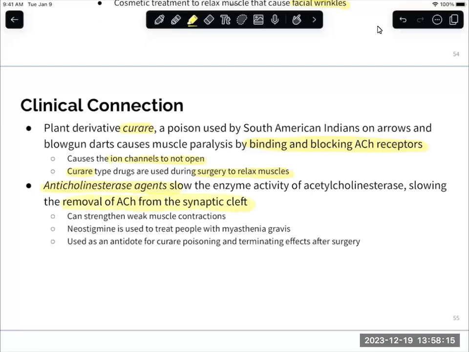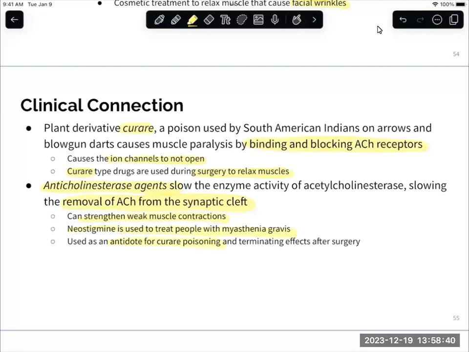So it allows the action of the acetylcholine in that muscle contraction to have a longer effect. People who have weak muscle contractions, that can help strengthen them. It can be used to treat myasthenia gravis. It's also used as an antidote to curare poisoning.